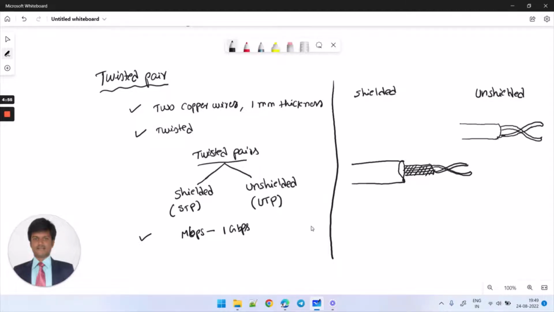The only difference between shielded and unshielded is a foil-like structure, like a metal sheet, inside.